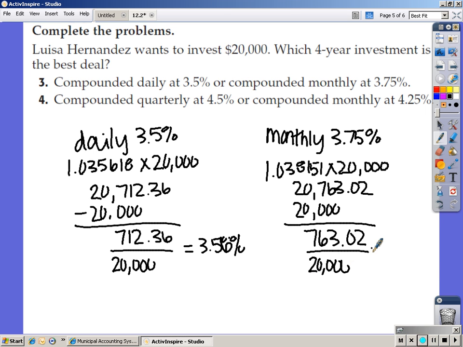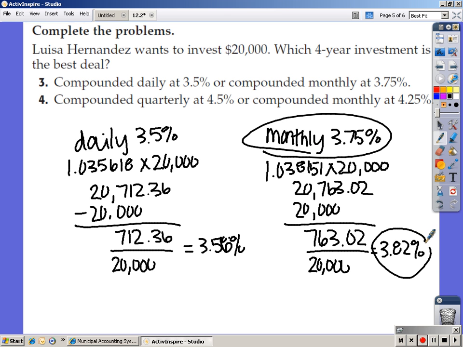Monthly, you get 3.82%. Okay, great job. Thank you. She did everything correct. The question says, which investment's the best deal? Okay. The best deal is obviously the monthly at 3.75% because it has the higher APY. Okay, it's greater than 3.56, which was the daily APY.